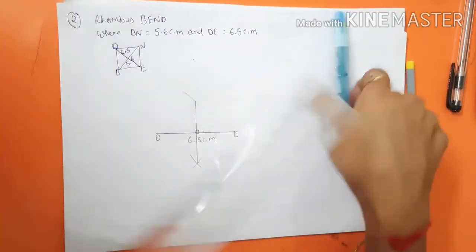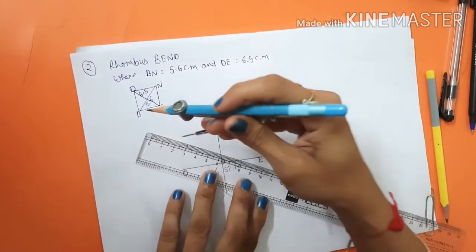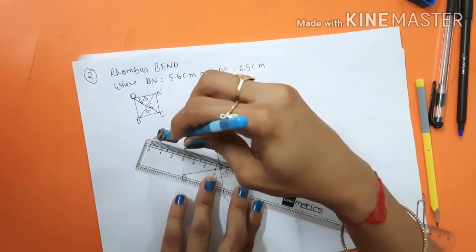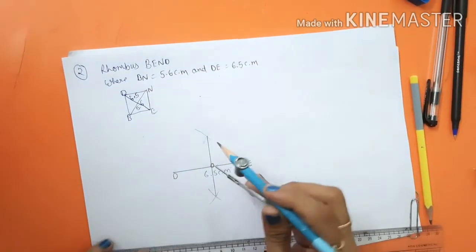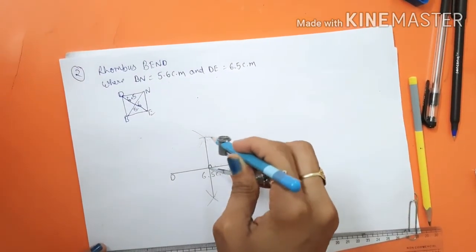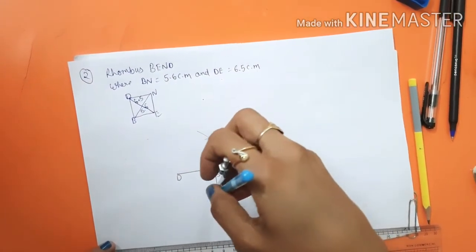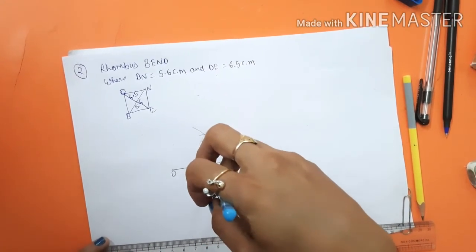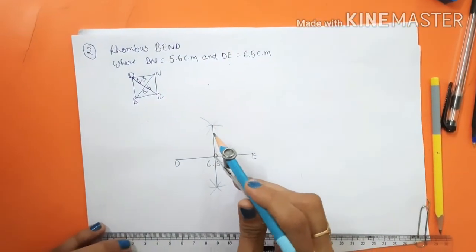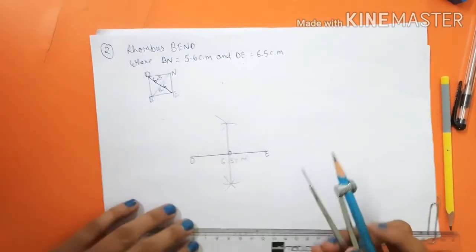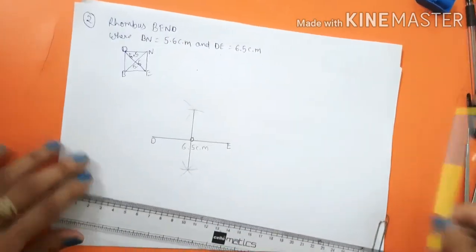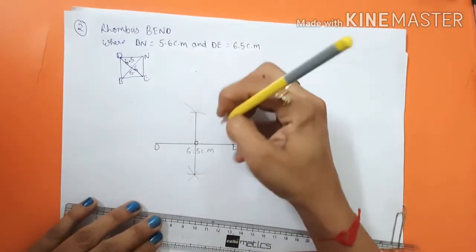So now we'll measure 2.8. From O, from the center, we'll cut 2.8 this side and same 2.8 this side. This is the point 2.8.